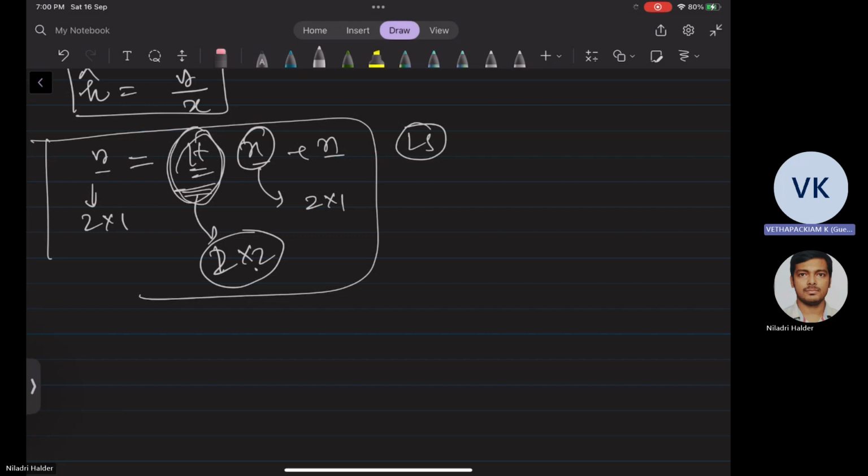Consider a multi-antenna channel estimation scenario with a pilot matrix X and received vector Y. X is a 4 cross 2 matrix, Y is a 4 cross 1 matrix. Sir, am I audible? Yeah, sorry, one second, let me search the question.